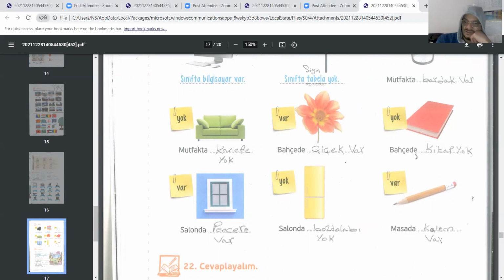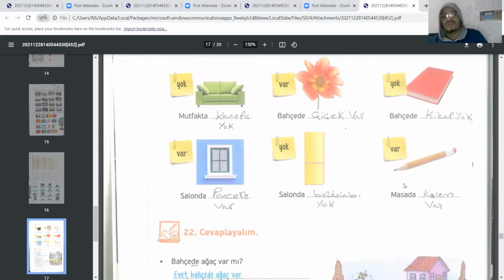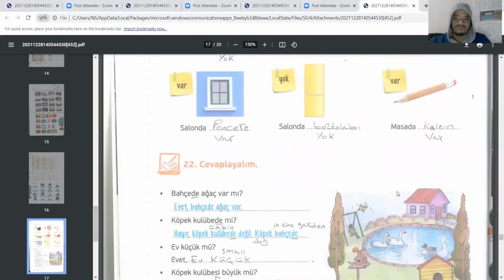Bahçede, in the garden, bahçede kitap yok, salonda pencere var, salonda buzdolabı, that means the refrigerator. Salonda buzdolabı yok, masada, at the desk, kalem yok.